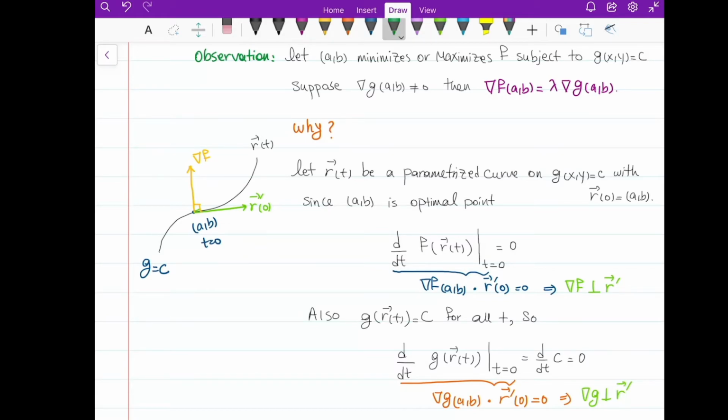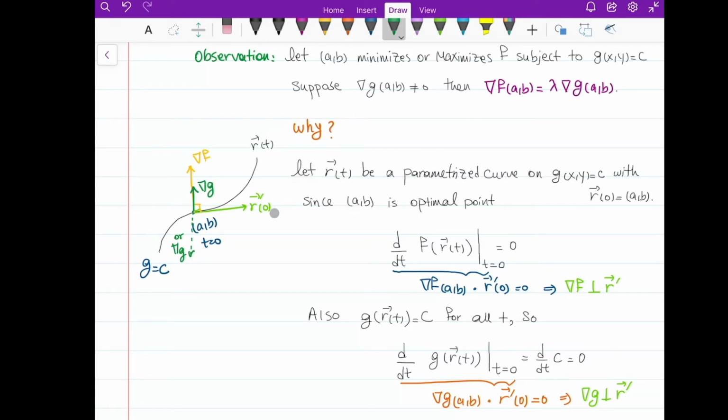So I can also graph gradient of g in here with a different direction. And as you see, gradient of f and gradient of g are parallel to each other. That's why gradient of f is lambda gradient of g, just because these two are parallel.